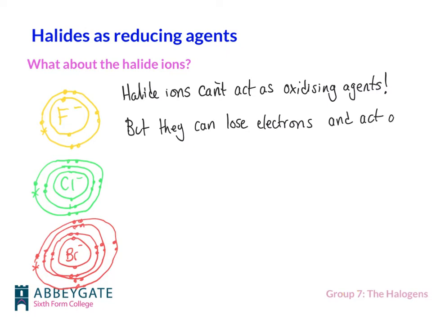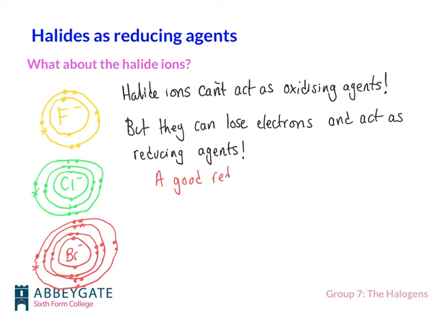Now, we're going to have the opposite effect of what happens when they're oxidizing agents. So to be a good reducing agent, it's going to need to be big, because it's going to be better at losing electrons.